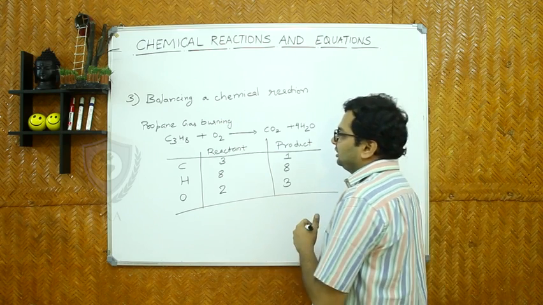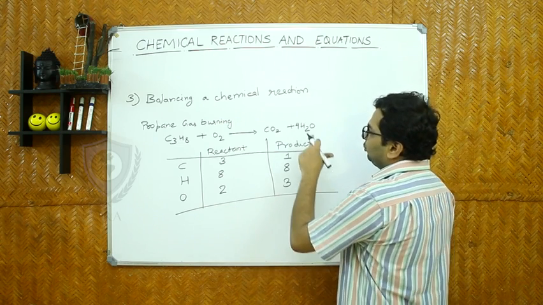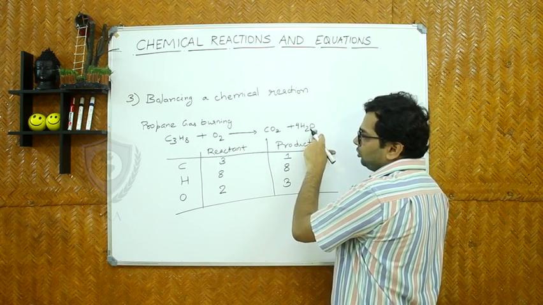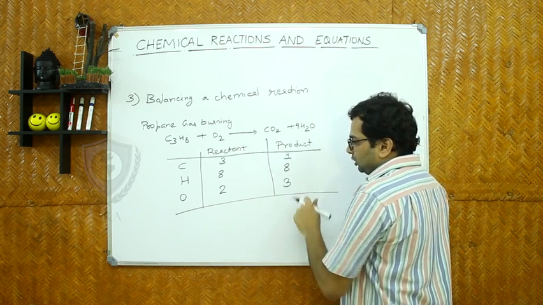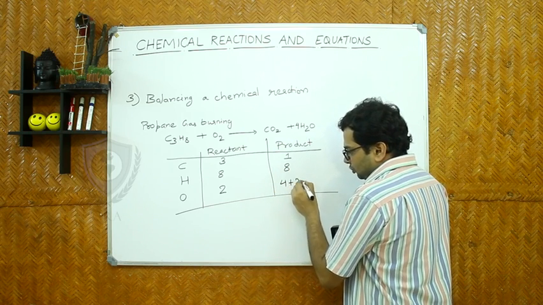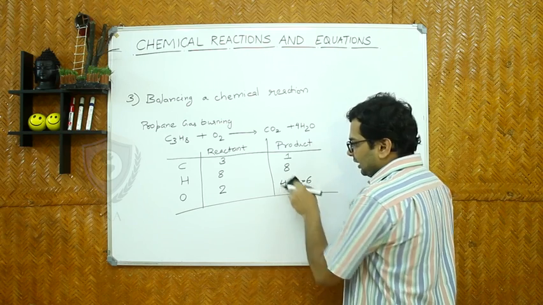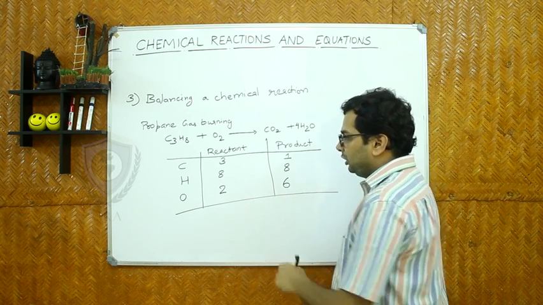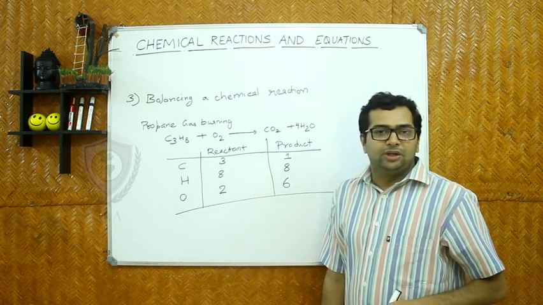Now let's look what other changes it has brought. So now the total number of oxygen here is 4 into 1 is 4, and 2. So total it is 4 plus 2, 6 atoms, right? So now you have 6 here and you have only 2 here. So what do you need to do?